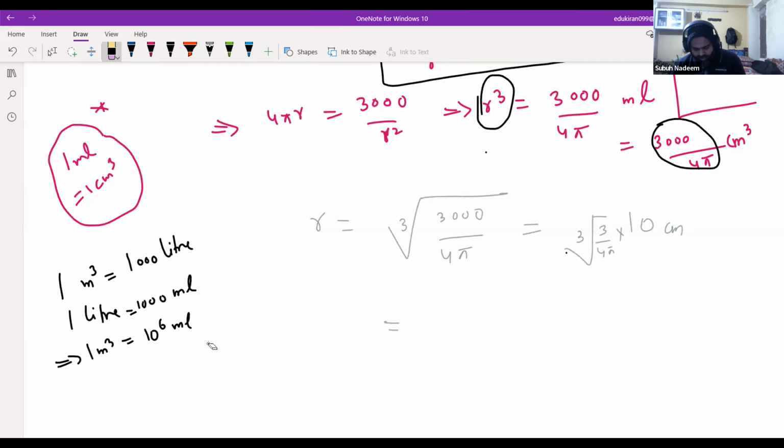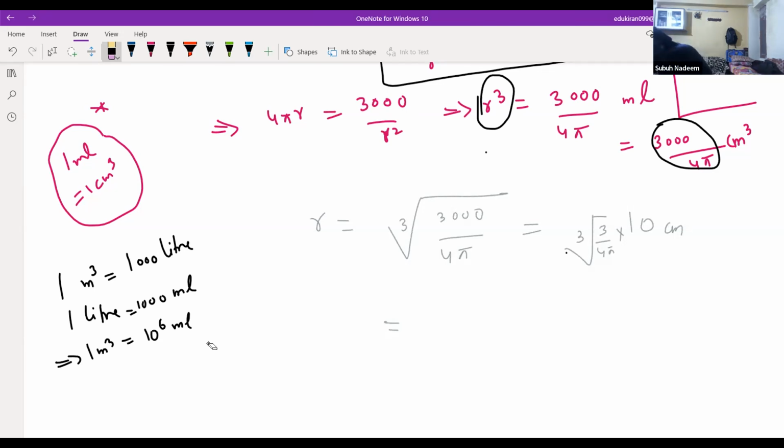0.75 by pi. Okay, sorry, pi is 3.14 now. So it is 0.238, and now cube root of 0.238 will be 0.619.